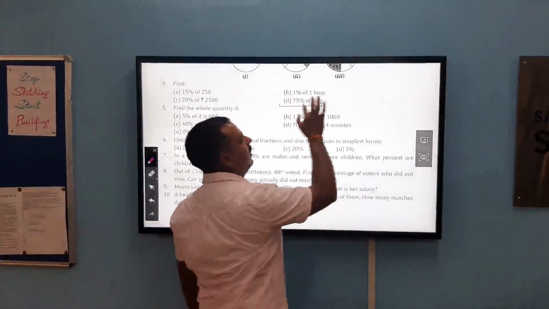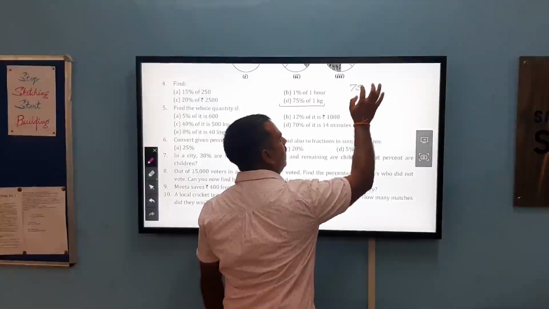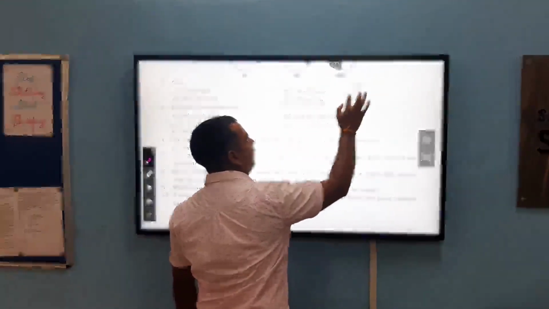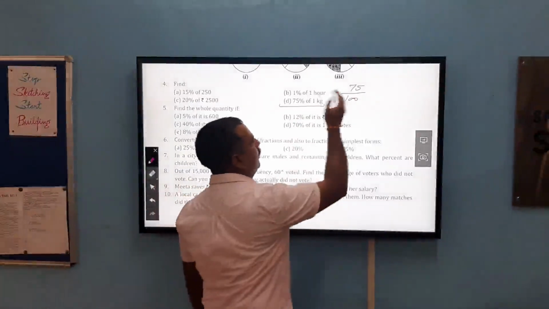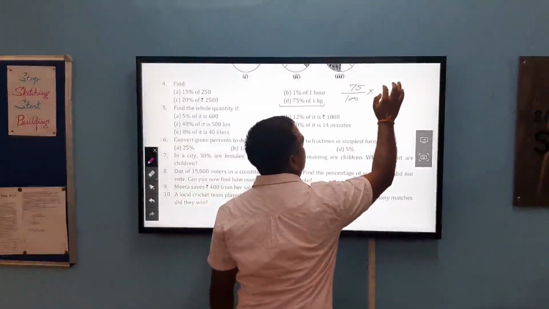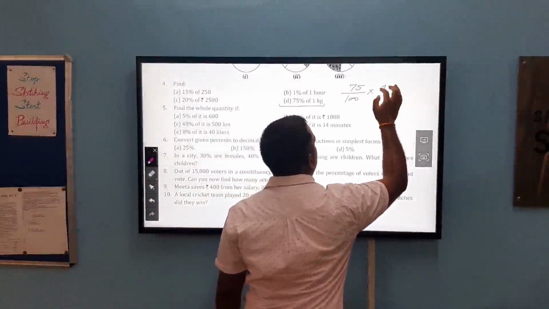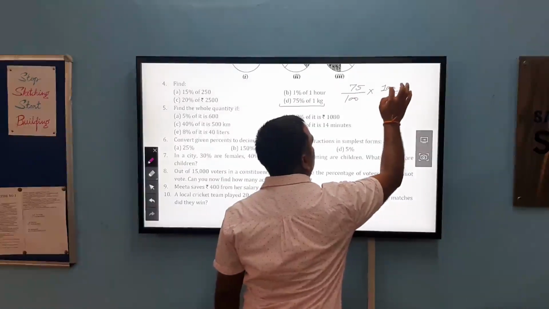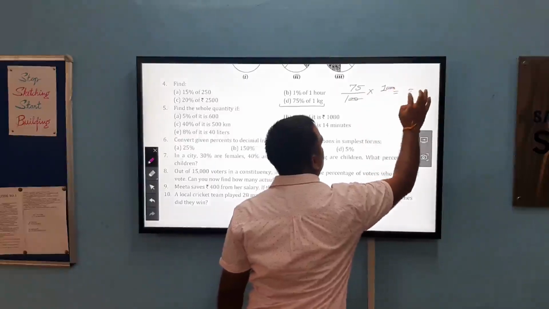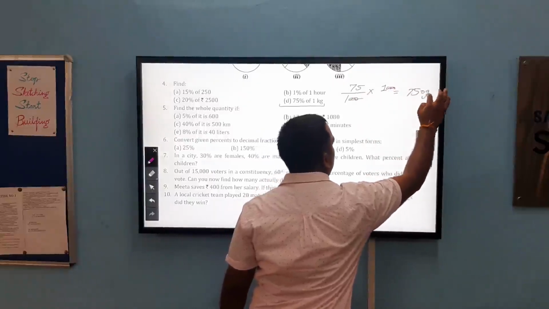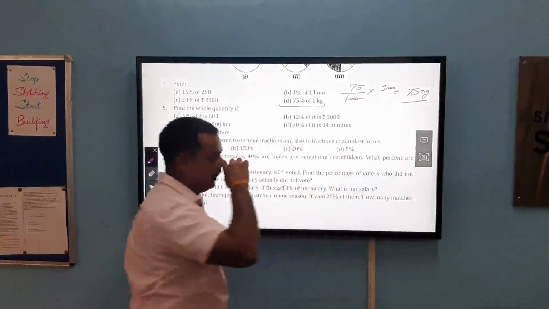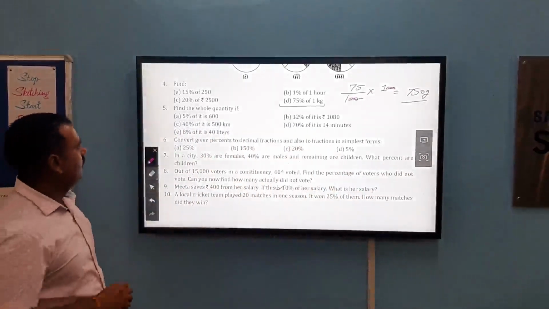So simply we write 75% in the fractional form like that, 75 upon 100 of resembles multiply of 1 kg. If we convert 1 kg into gram, then it is 1000 grams. The answer is 750 grams.